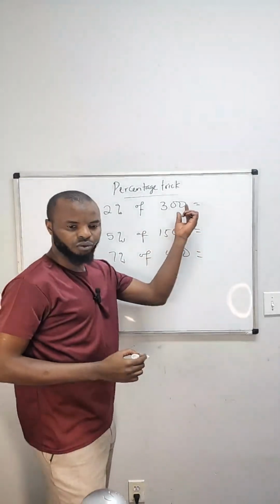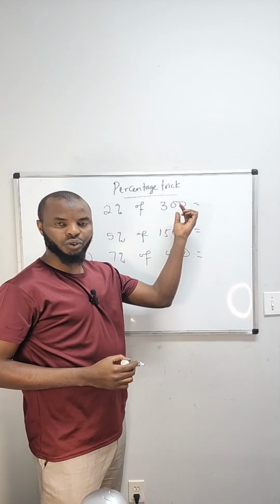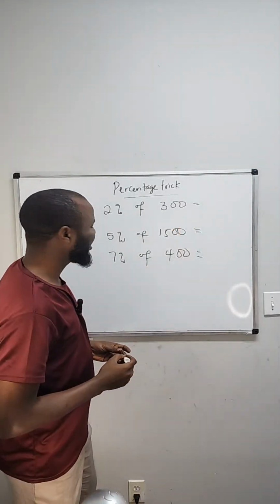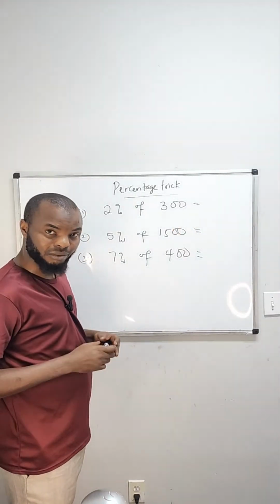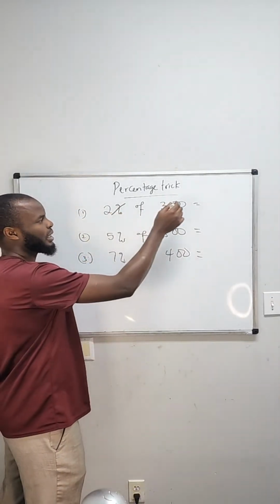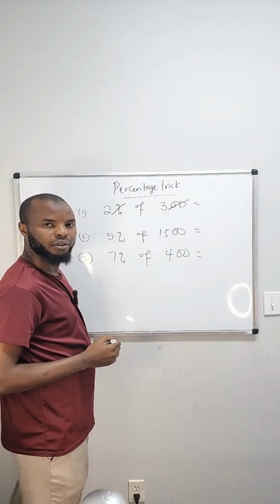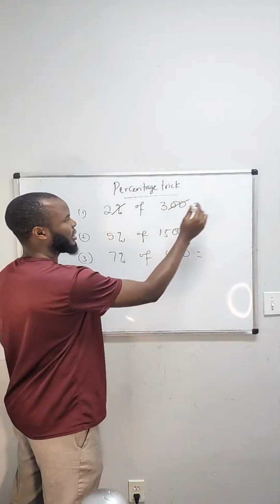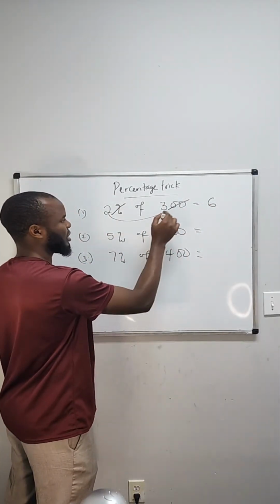Now the percentage trick: anytime you have 2 zeros at the end of your number, percentage is very easy. Very easy and straightforward. What you just have to do is that the percentage cancels out the 2 zeros. 2 times 3 equals 6. Just multiply.